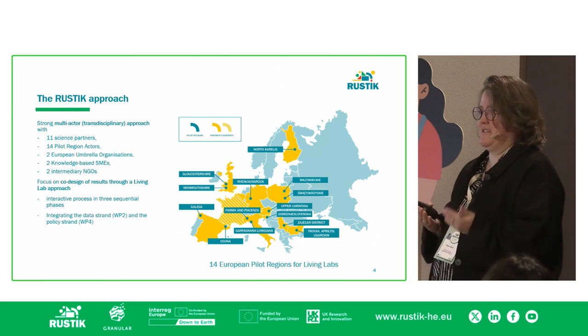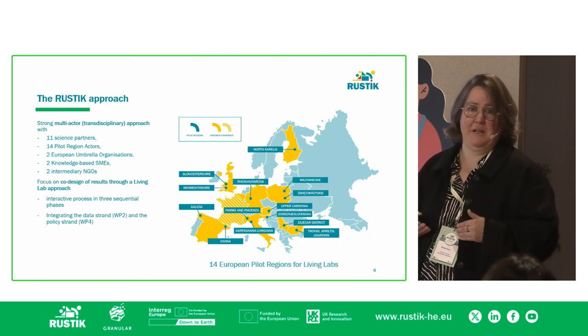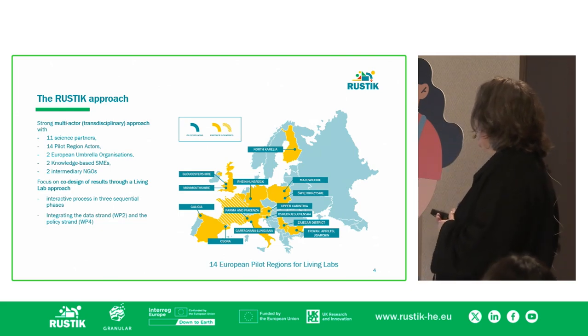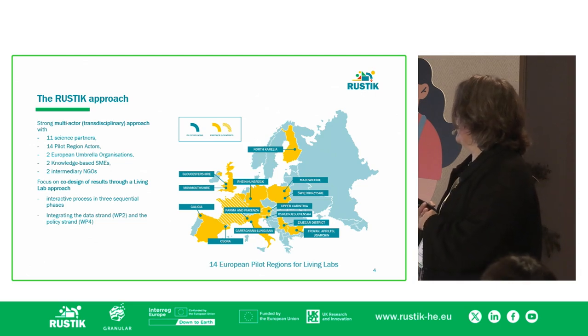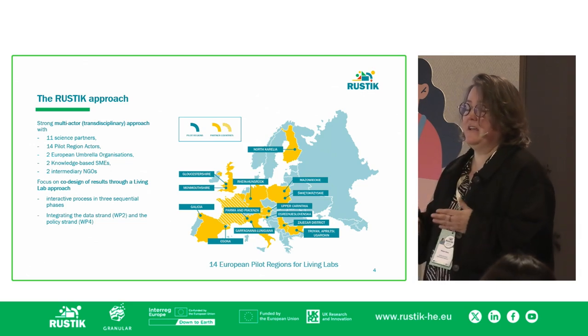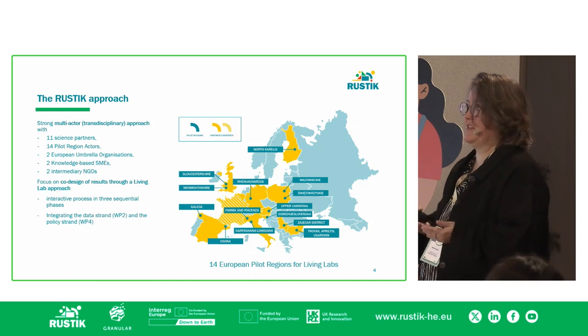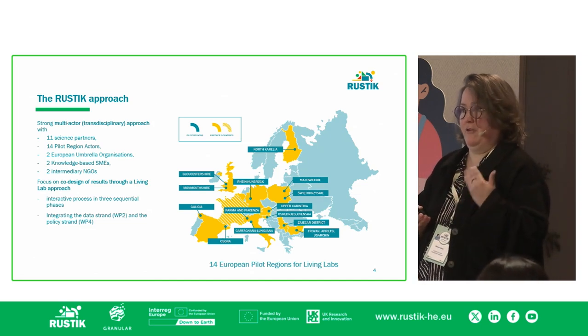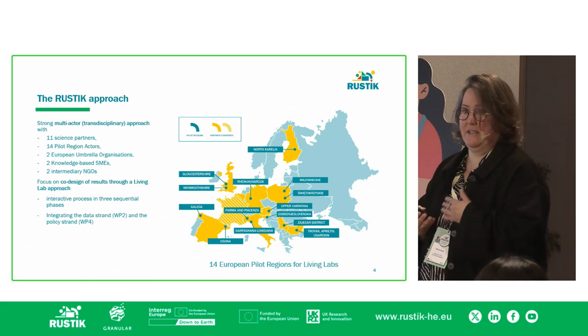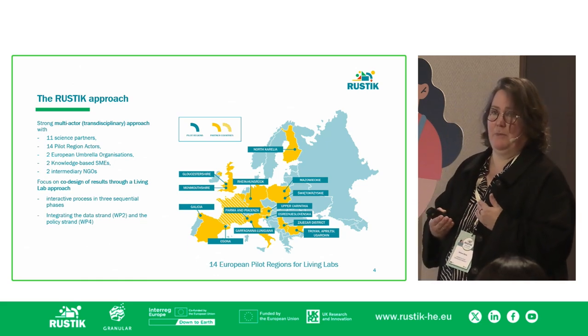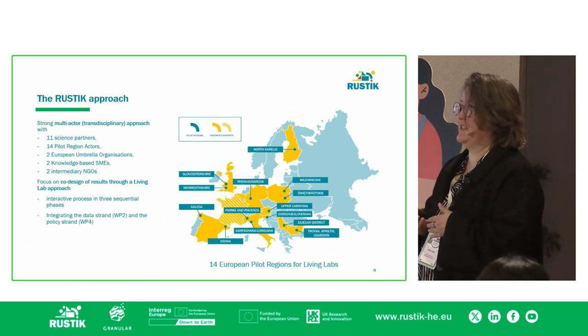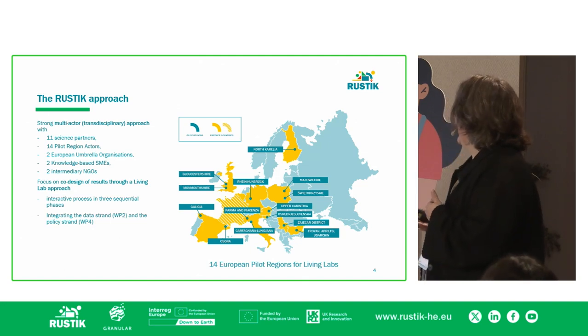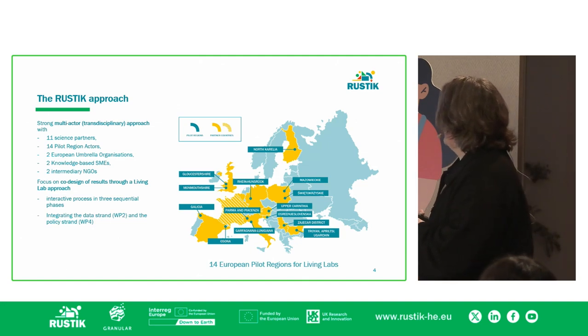And RUSTIK applies a transdisciplinary or multi-actor approach. We have 11 science partners, 14 pilot region actors. These pilot region actors are different types of organizations. For example, local action groups from the leader implementation. They can be regional authorities. We also have NGOs, so different types of organizations.